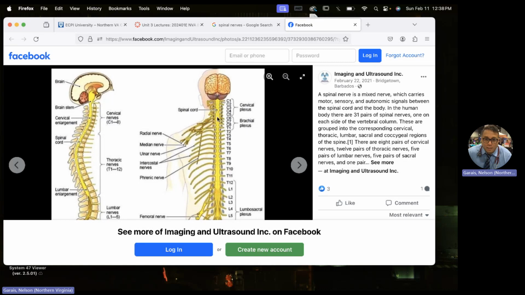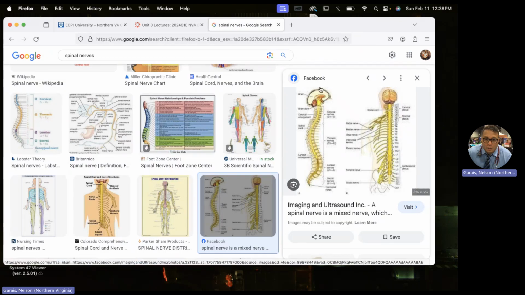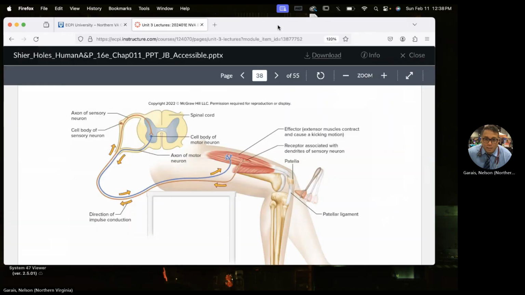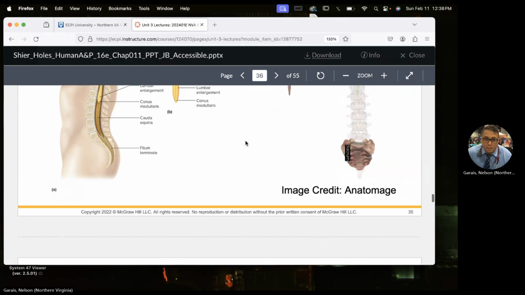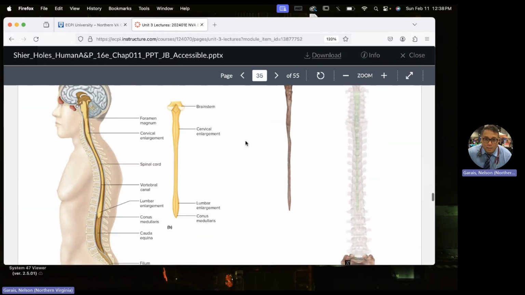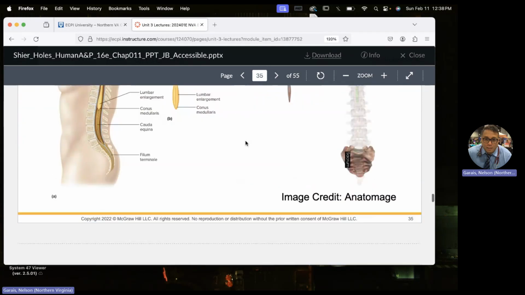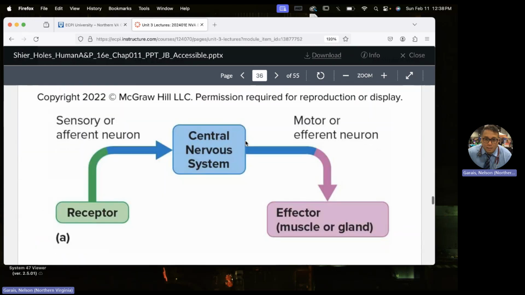But if I cut anything in your central nervous system, you get real close to death real fast. So I cut you here, it's no bueno. I cut you here, it's still bad, but you will live. The odds of you living get really, really low. Okay. So spinal nerves, think what? Peripheral nervous system.